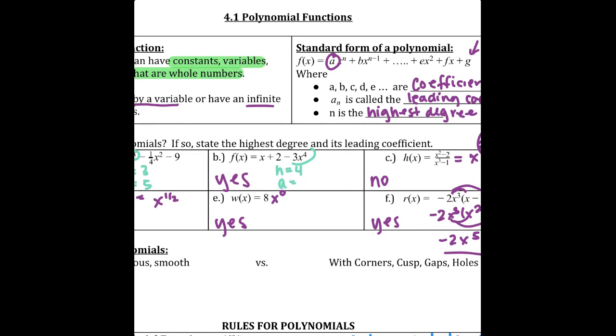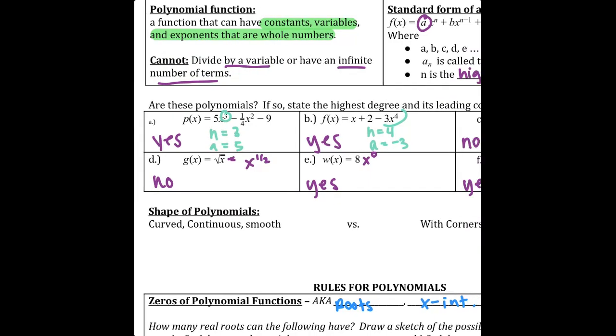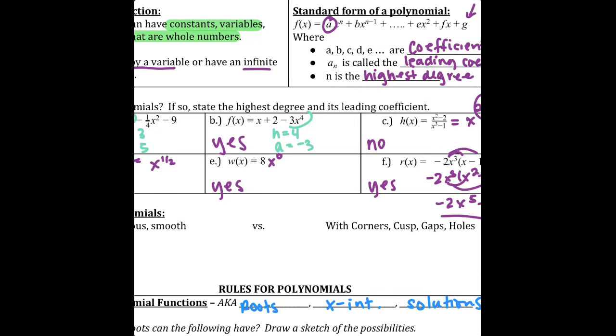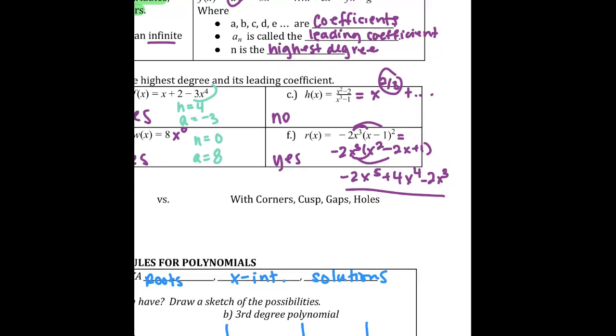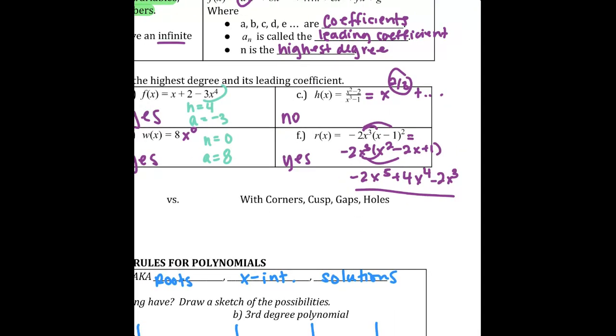We don't have to worry about those. This one, the degree is 0, and the leading term is 8. Lastly, I have my degree is equal to 5, and the leading term is equal to negative 2.